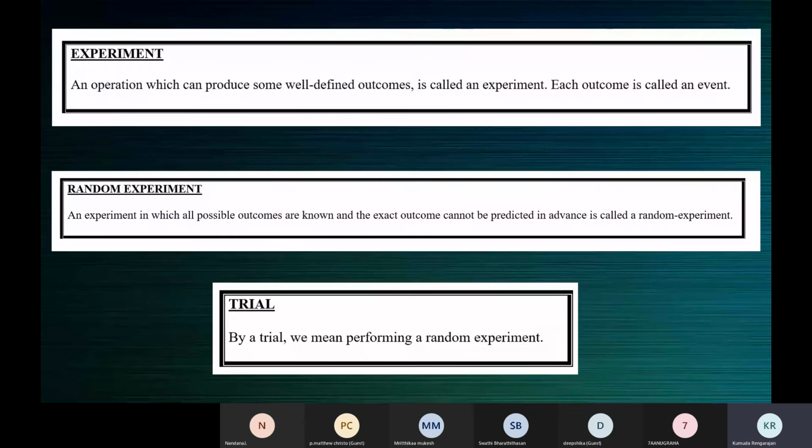The outcomes are fixed. So the act of picking one card from a pack of 52 cards is also a random experiment.